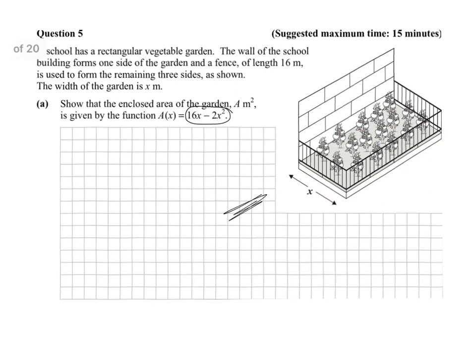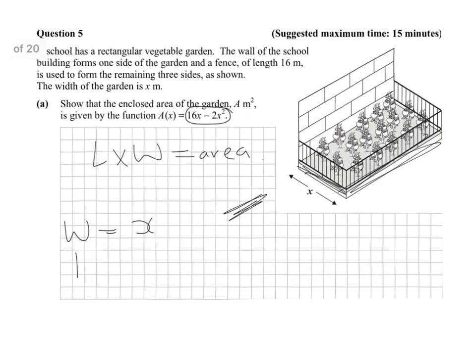Well, how would I initially find the area of this? I would multiply length by width. So length by width is equal to the area. Okay, well, what is my length and what is my width? I'm told that it has a width of x. And we see that, so the width is x.